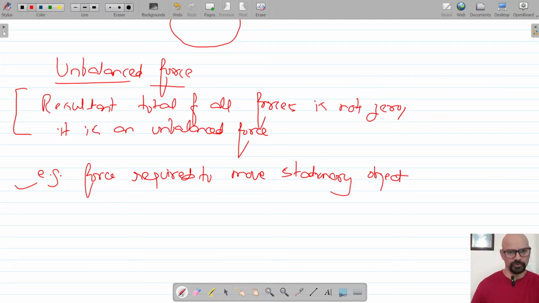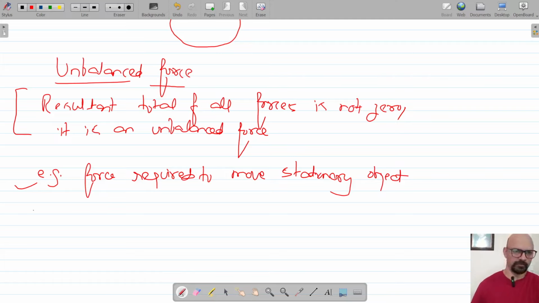Because we push it with a force, and that force should be more than the frictional force. Because the force is now unbalanced, that is the muscular force, this is an example of an unbalanced force.